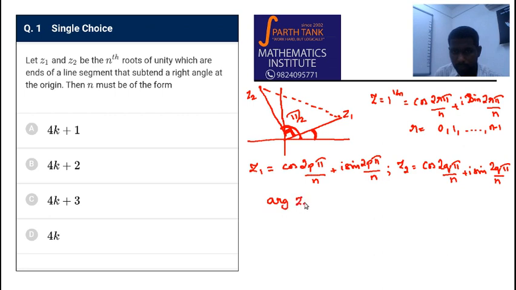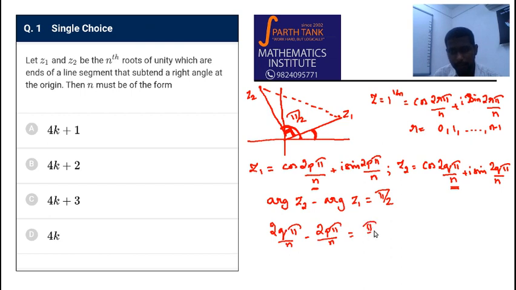Argument of Z2 minus argument of Z1 should be pi by 2 radians. Now the argument of Z2 is nothing but 2q pi by n, and the argument of Z1 is nothing but 2p pi by n. So 2q pi by n minus 2p pi by n is pi by 2.